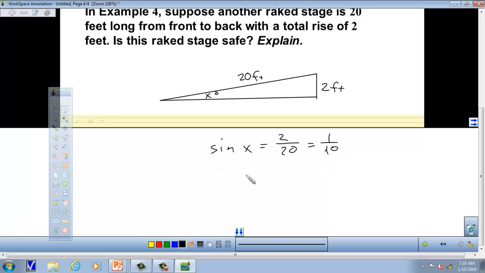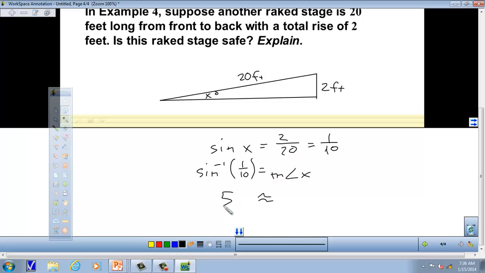Therefore, if I want to find the measure of angle x, I'm going to do the inverse sine of 1 over 10. So, get my handy dandy calculator, make sure you do inverse sine, not sine, and we do that for 1 over 10.